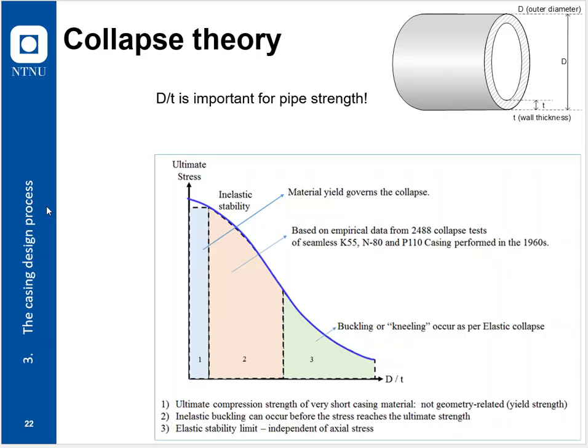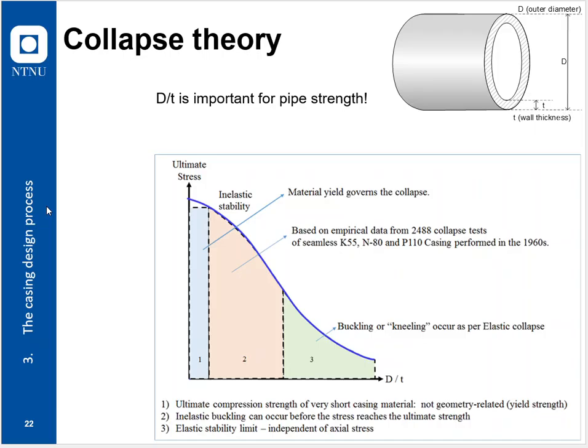We see the x-axis graphically represented up to the right, the ratio between the outer diameter and the wall thickness, an extremely important figure in not just collapse but other means as well in casing design. We will get back to that.